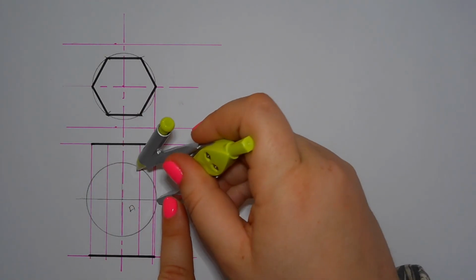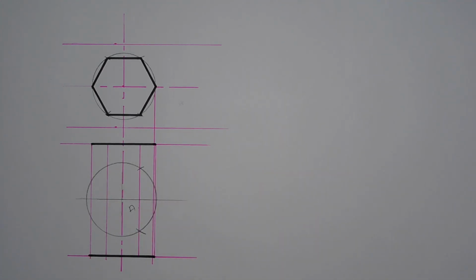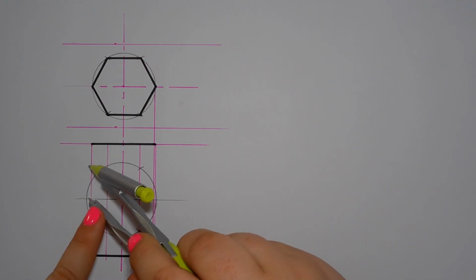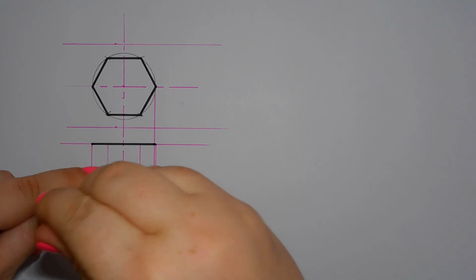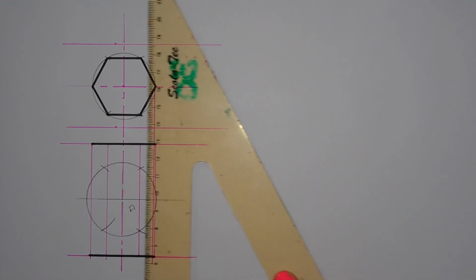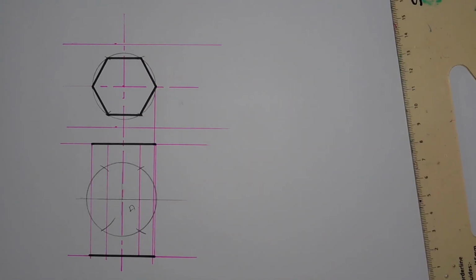And I'm going to make a mark towards the top and the bottom. Same on the other side. Mark towards the top and the bottom. Then I can connect it.